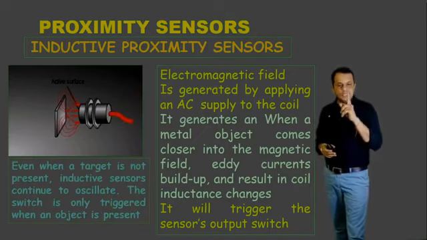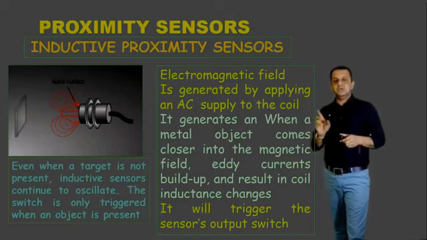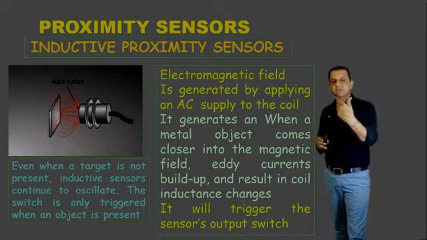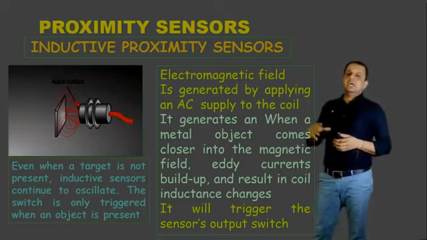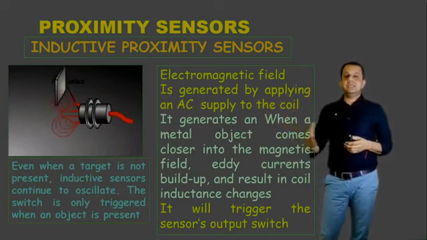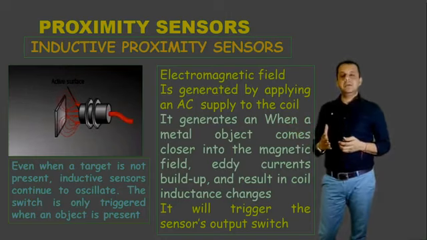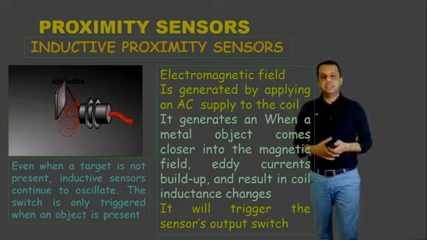And even when a target is not present, the inductive sensor will continue to oscillate because a magnetic field is continuously generated. And whenever, I repeat again, whenever a metallic object comes into the picture or comes closer to your sensor, it will trigger the switch.